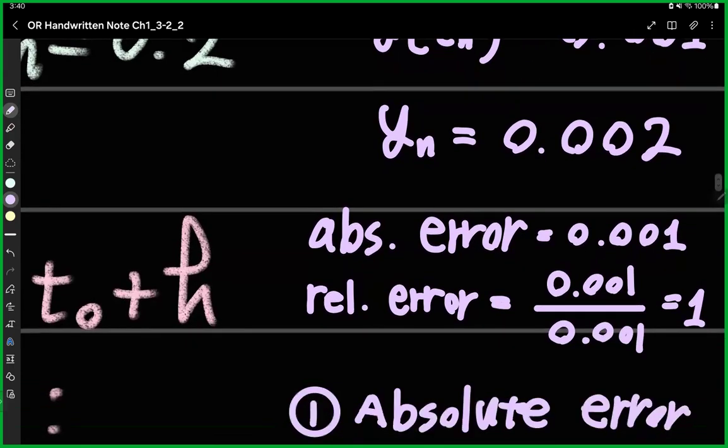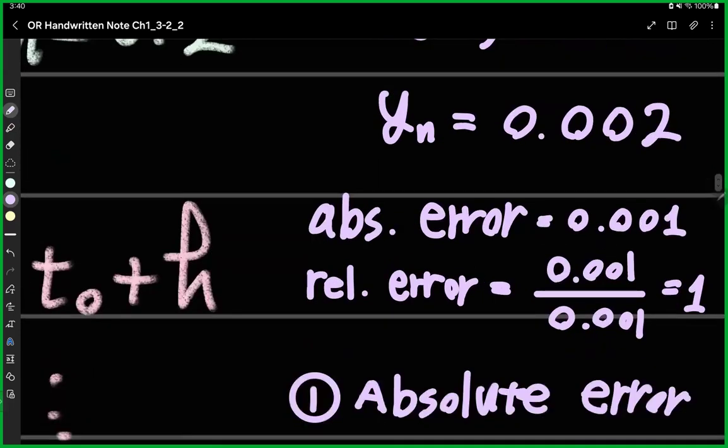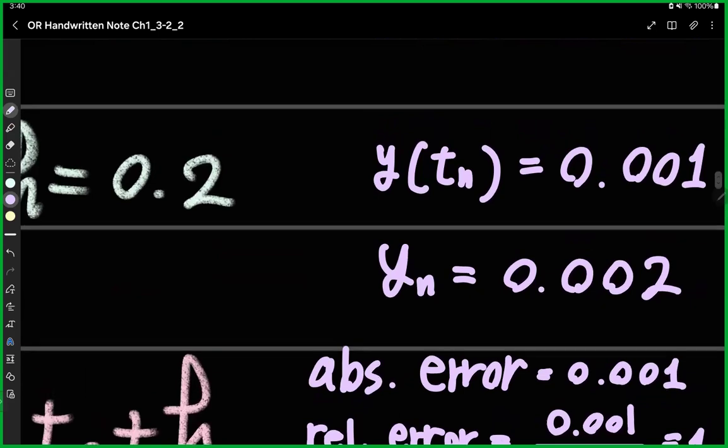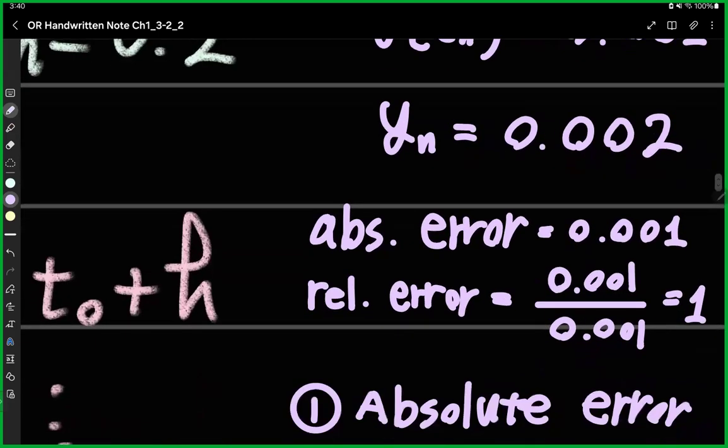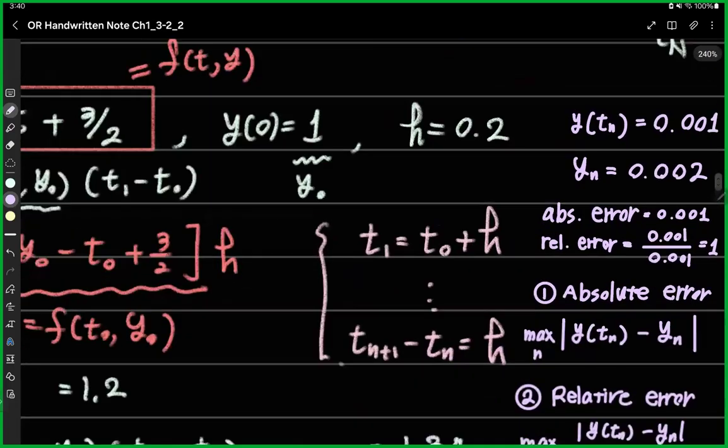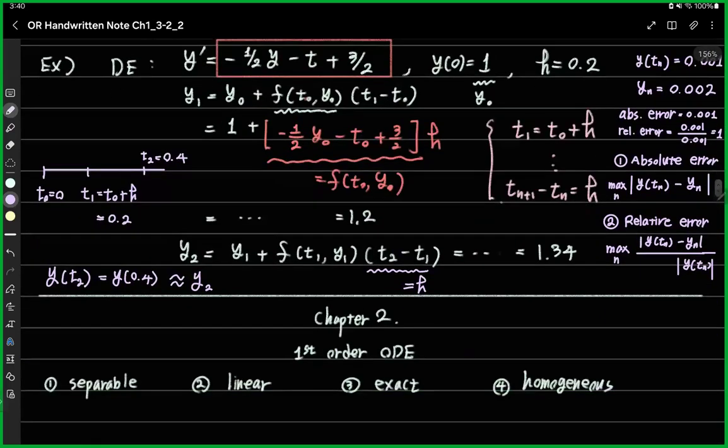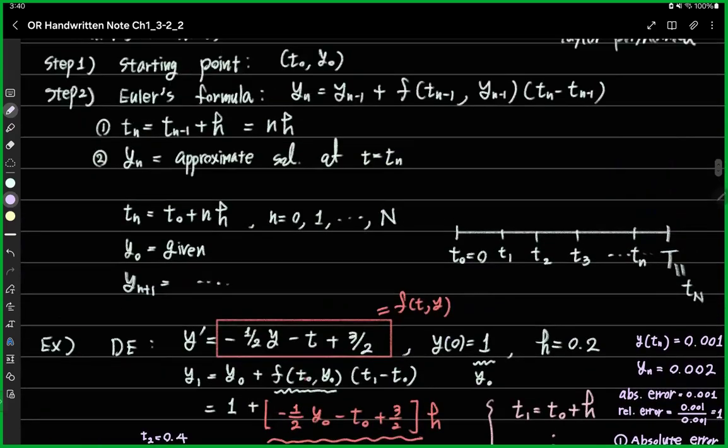So relative error gives us a more accurate picture of the error in the common sense. Normally we use relative error instead of absolute error because absolute error may be biased. All right, so that's the Euler method.